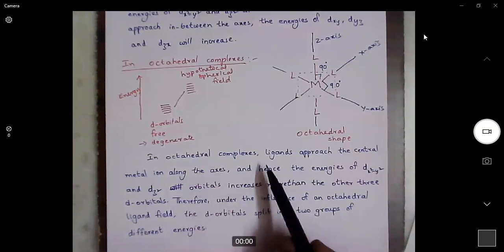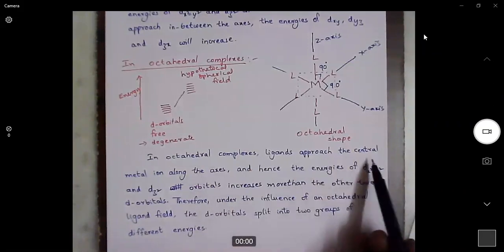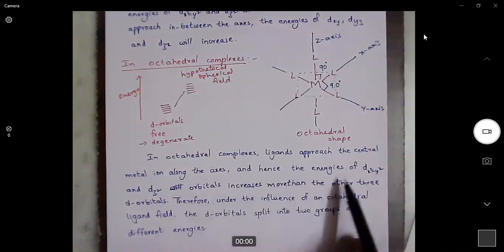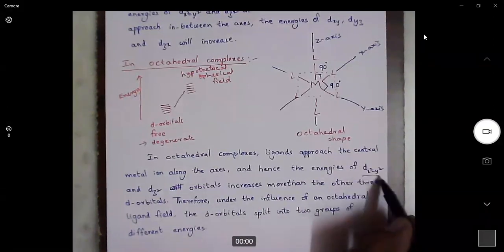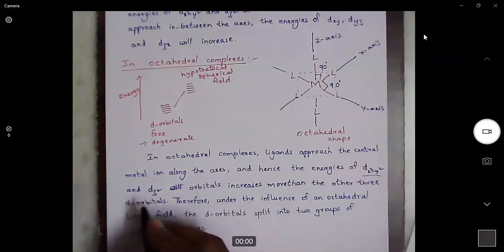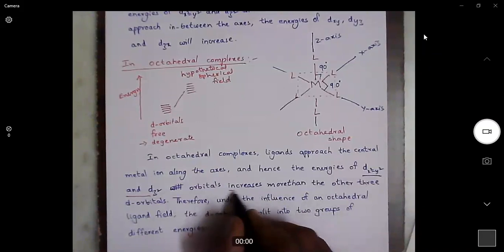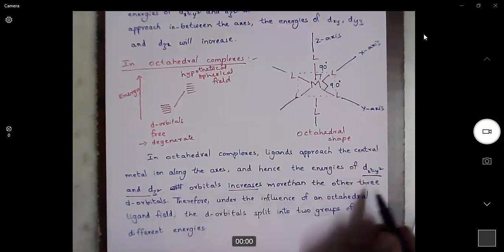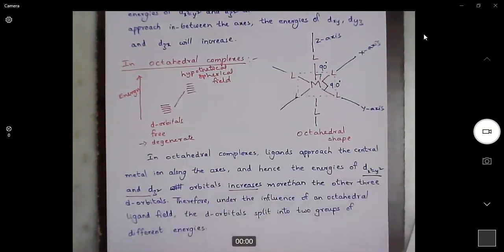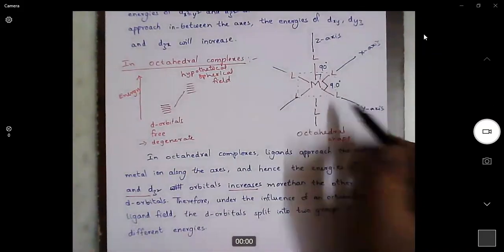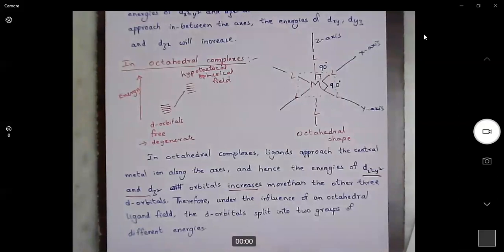In octahedral complexes, ligands approach the central metal ion along the axis, and hence the energies of dx square y square and dz square orbitals will increase more than the other 3 d orbitals. Now what are the orbitals along the axis?